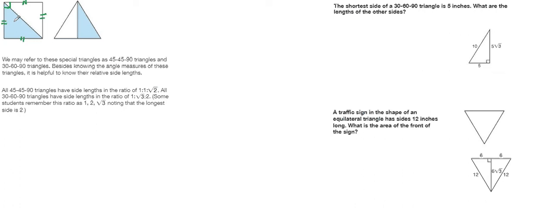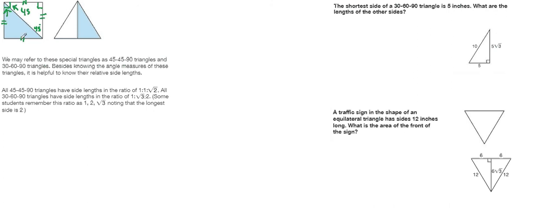Now, a triangle that bisects like this means that if this was 90, then each of these angles, if bisected, are half of 90. So this is a 45-degree angle. Obviously, this is 90, which leaves this to be, again, 45.